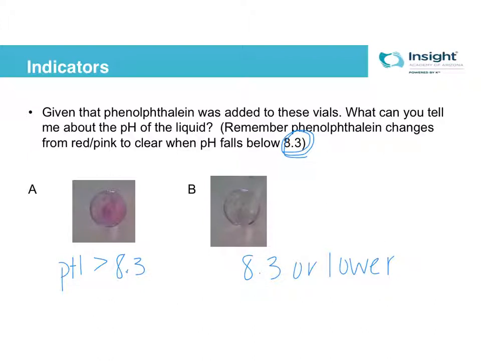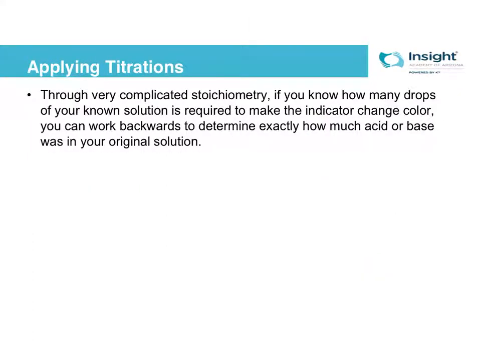All right, so that's one way you can use your indicators. Titrations can, and luckily we are not going to get into this detail in class here, but if you remember stoichiometry from Unit 6 in Chemistry A, once you know how many drops of your known acid or base you add that causes the change in your indicator, you can work that backwards to figure out what the concentration of your unknown substance was.